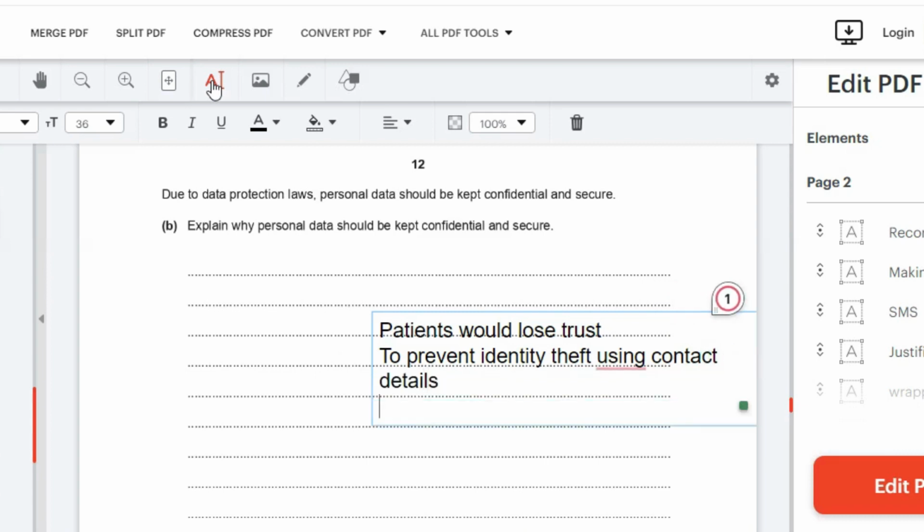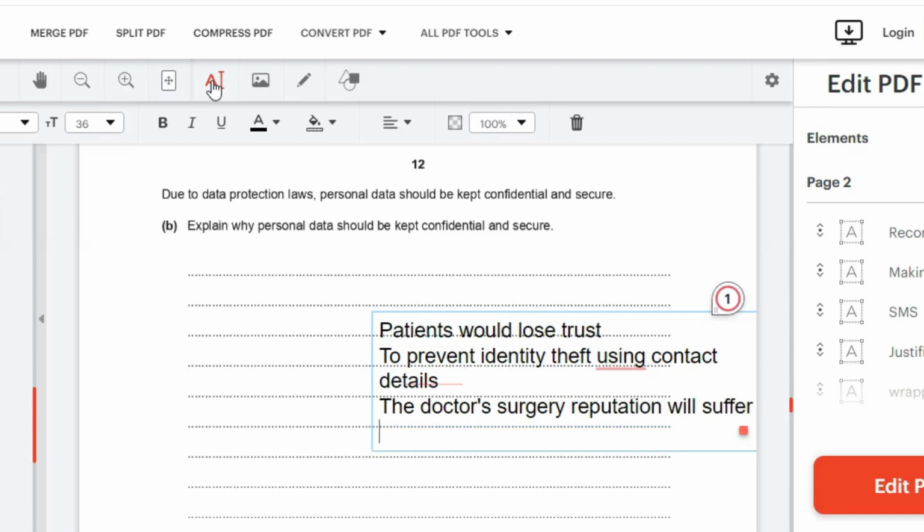3, the doctor's surgery reputation will suffer.